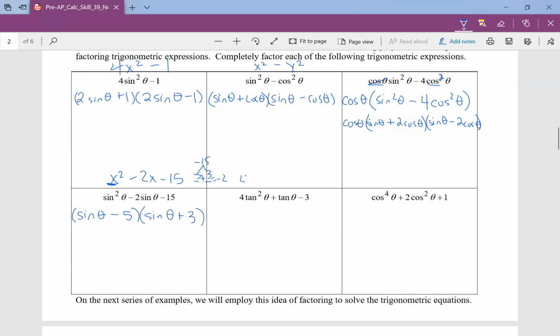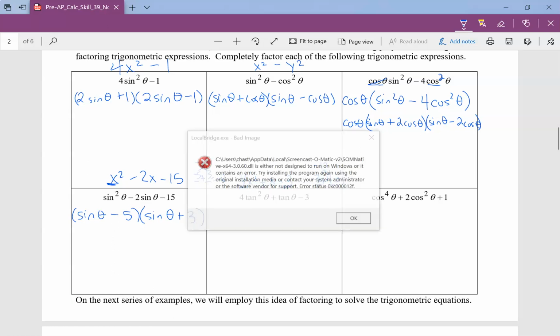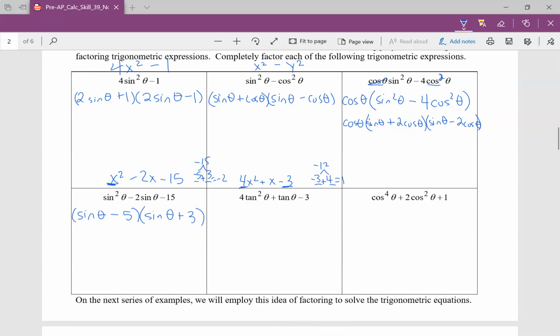For the next one, think of this like 4x squared plus x minus 3. This time our a times our c gives us negative 12. And our b is 1, so we're looking at negative 3 and positive 4. You could reverse those around if you needed to. Since this time we don't lead with just an x squared, we have to write out all the terms. So we're going to have 4 tangent squared theta plus 4 tangent theta minus 3 tangent theta.